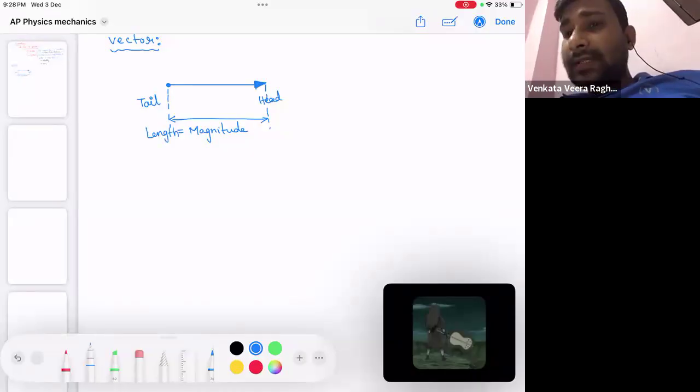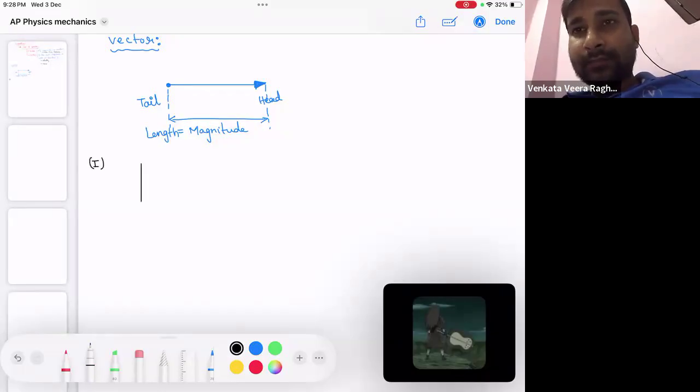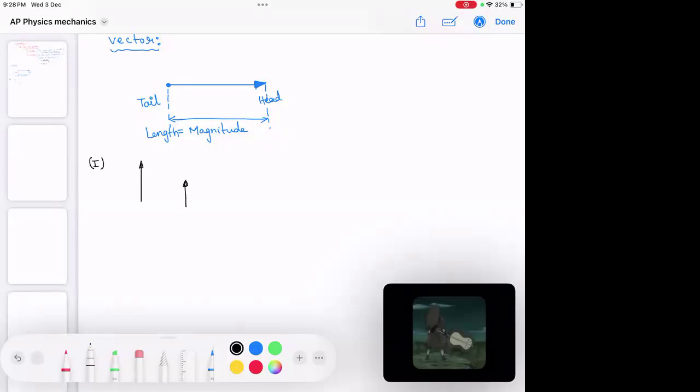Now what are the types of vectors? I'm going to represent some diagrams and you tell me what they are representing. Tell me what these two represent. Both are in the same direction with different magnitude.